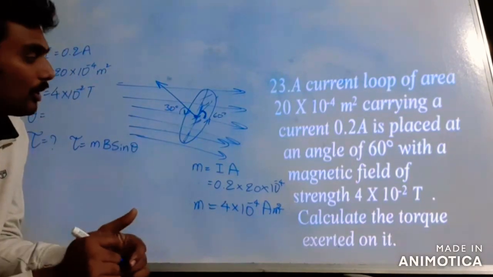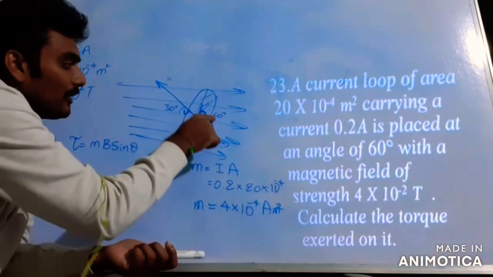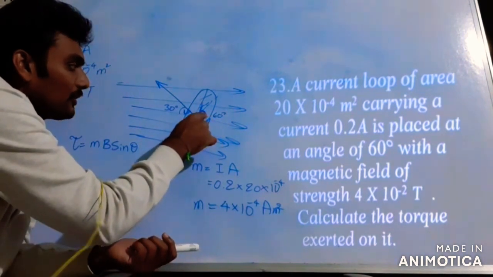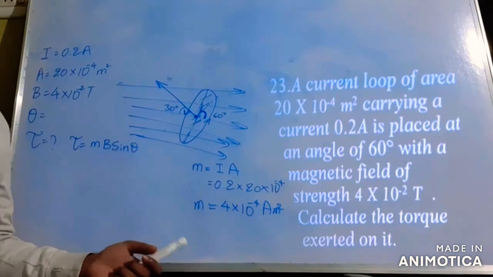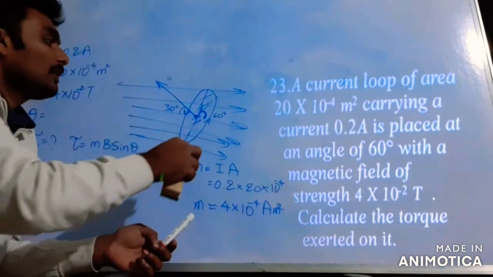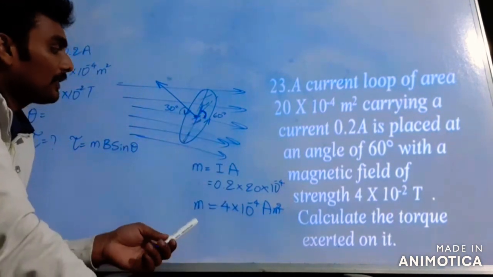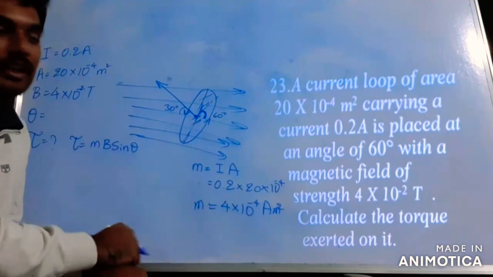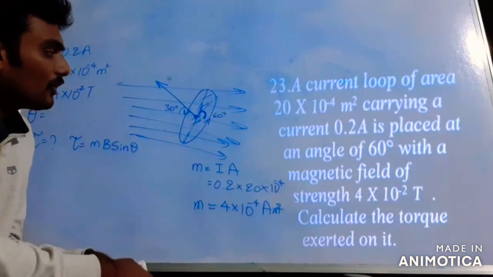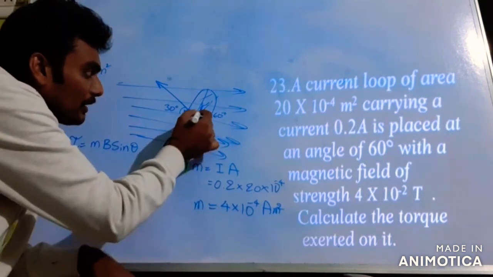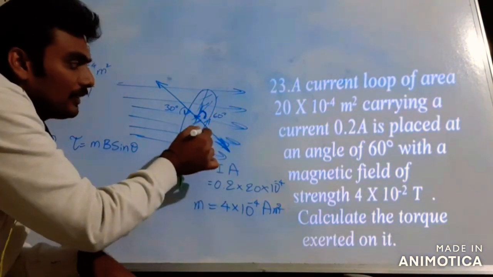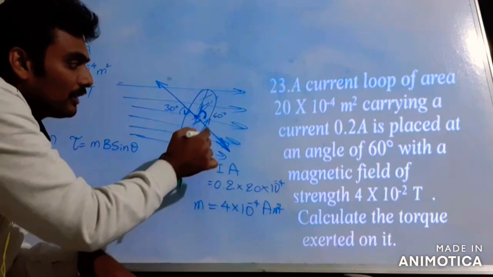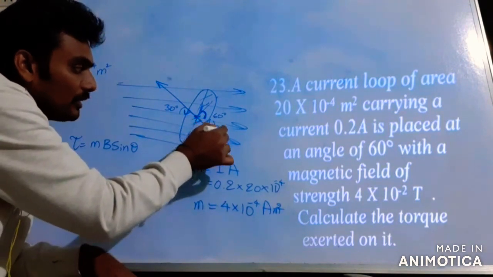You might say that this is the total angle, 60 plus 90, which is 150. See, here the direction of current is not particularly mentioned, so when I reverse the current, I can get the area in the opposite direction, and there the angle would be 30 degree.